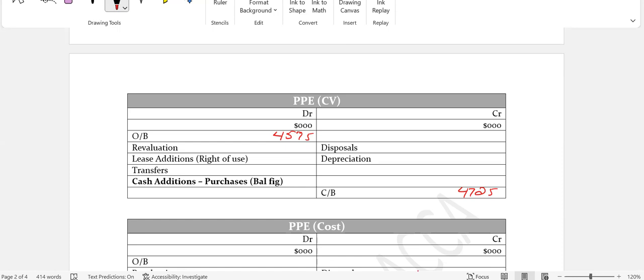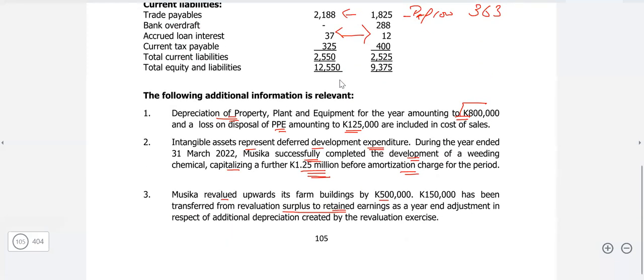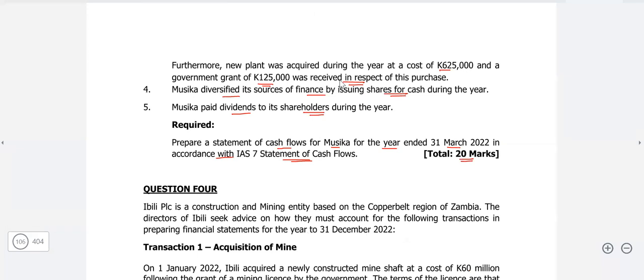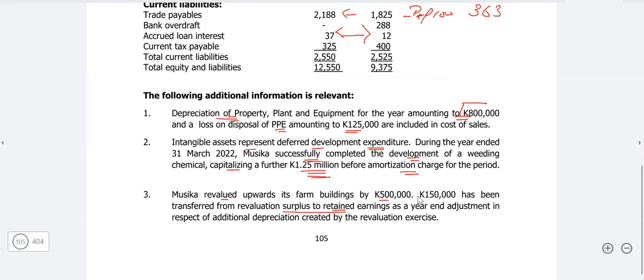In this question, we already know how much property, plant, and equipment we have purchased, because it clearly says in the next page, new plant was acquired for 625,000. So if this 625,000 is given, what are we supposed to calculate from this account? We are supposed to calculate the carrying value of the asset disposed, because the question provided the depreciation and the loss on the disposal.